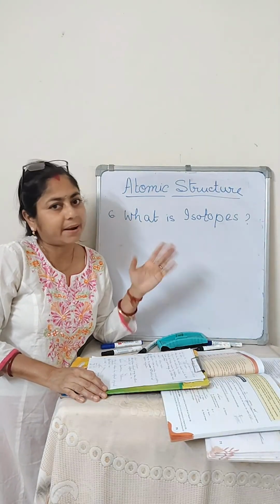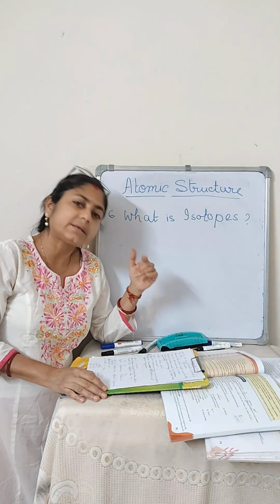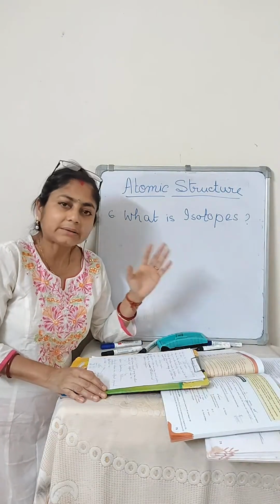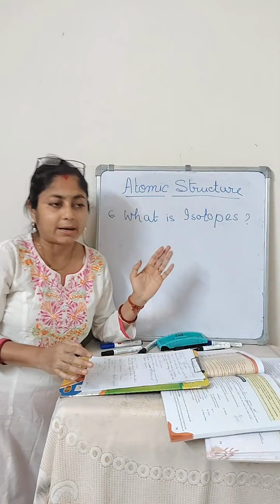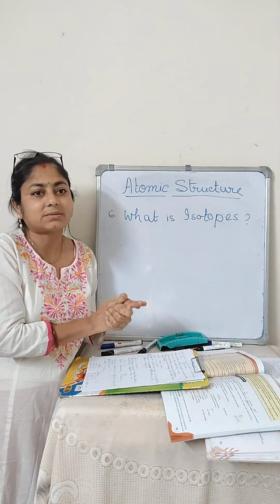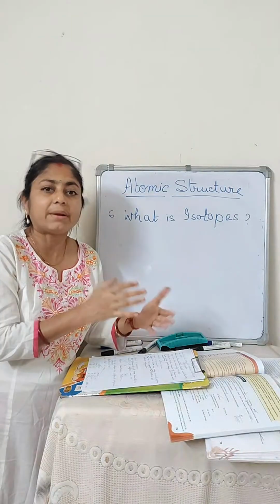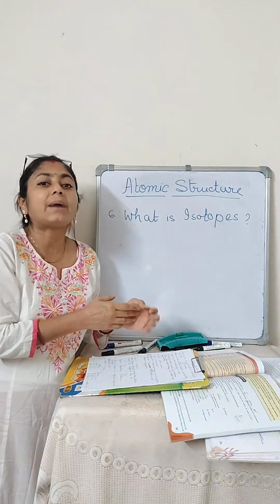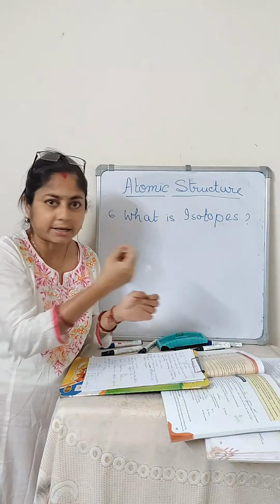My own sister's parents are the same, but my cousins' parents are different. But we are all in the same family. Isotopes are the same: the atomic number, the group, the family are the same, but the mass number is different. So there is a little bit of change there.